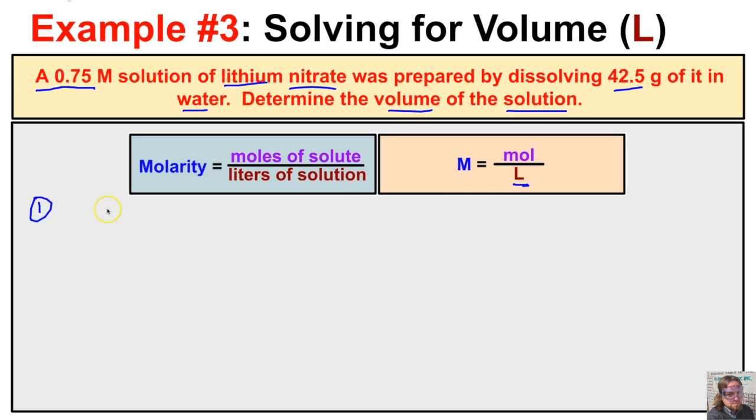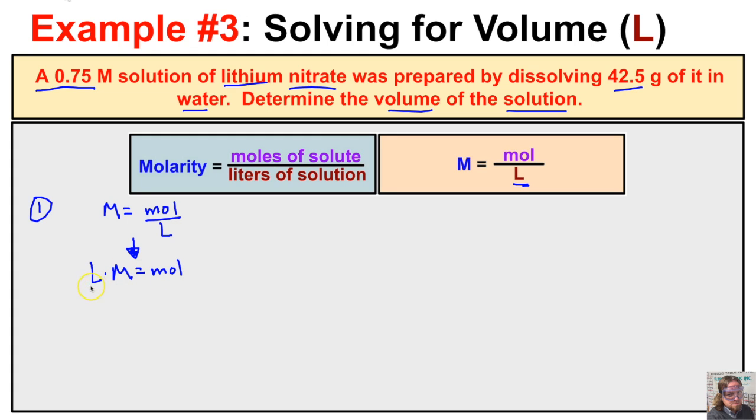We know that molarity equals moles of solute divided by liters of solution. And what we're asked to figure out now is liters of solution. And so if we cross multiply here, we can get rid of these fractions. So let's go ahead and cross multiply. We're going to take liters times molarity equaling moles.